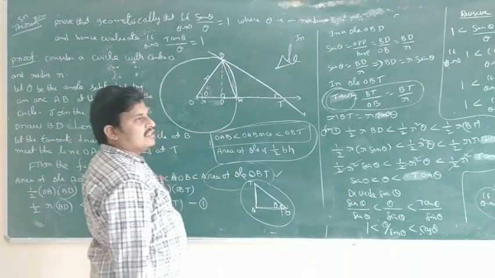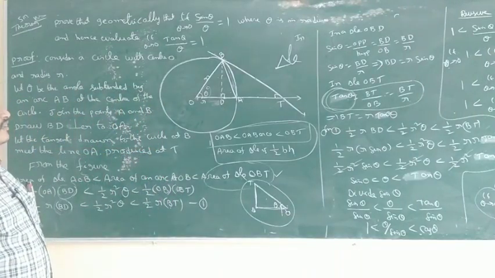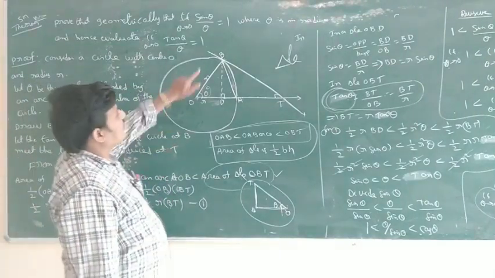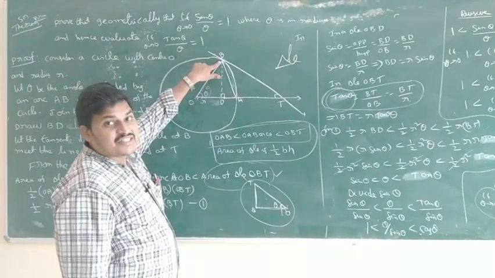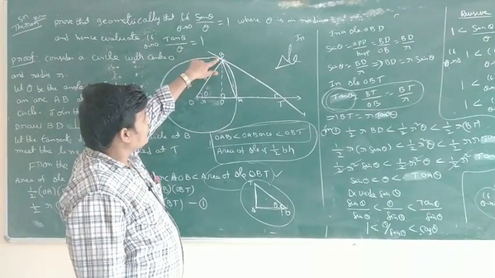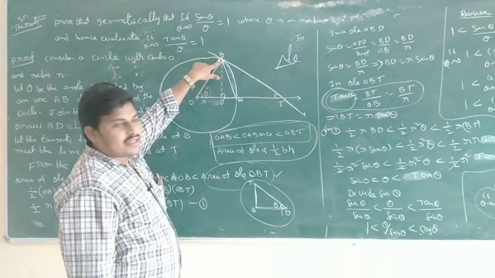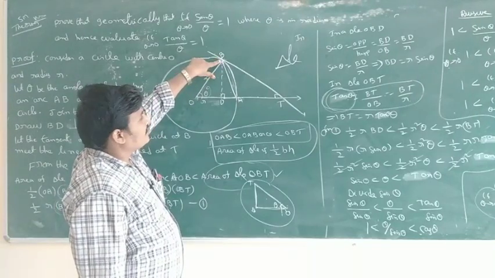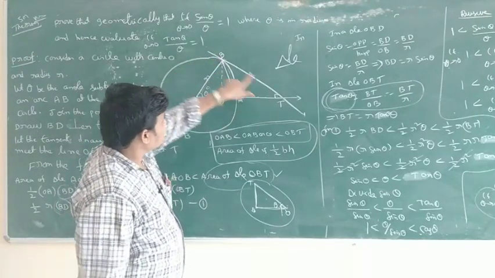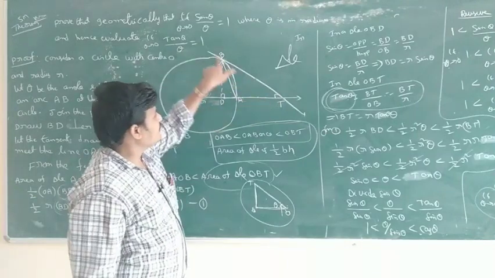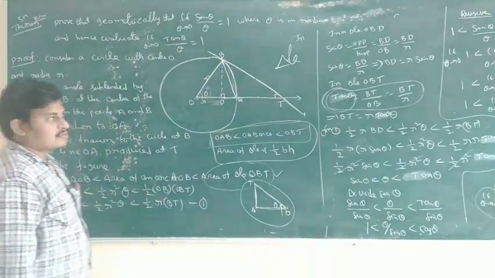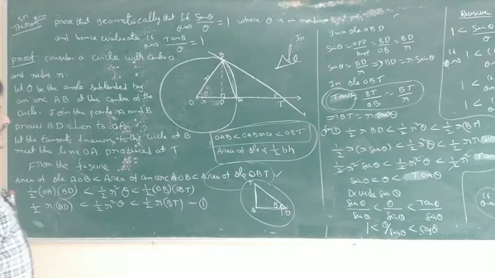What is a tangent? A line that touches the circle at a point. B is the touching point, and the tangent passes through the point B. This is the tangent BT.